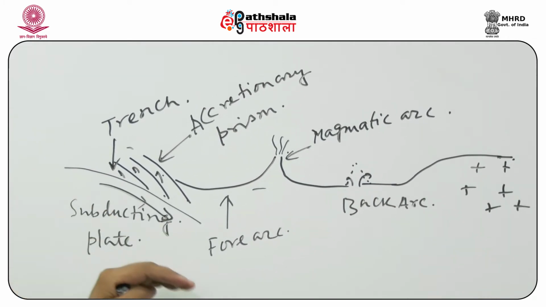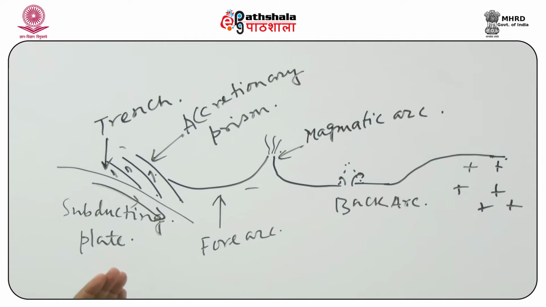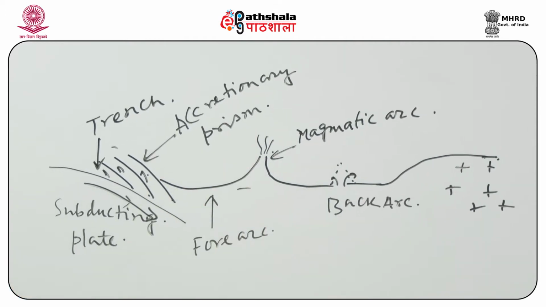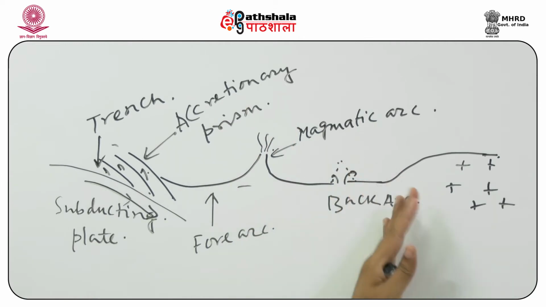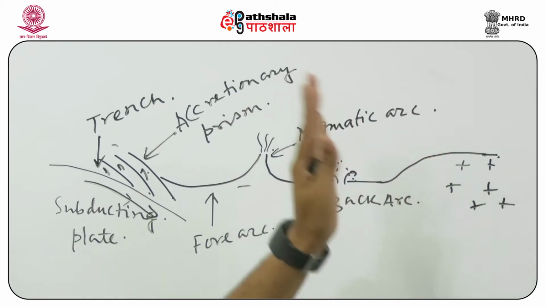If the rate of subduction is lower than the convergence rate, in that case there will be compression here, and we will not open the back arc, but there will be the retro arc basins.